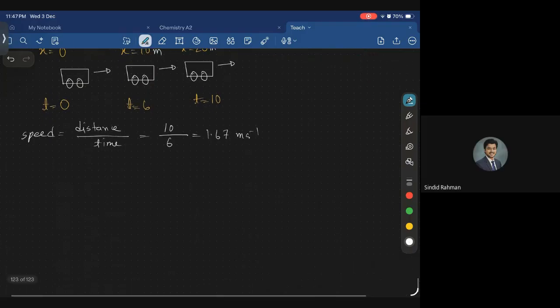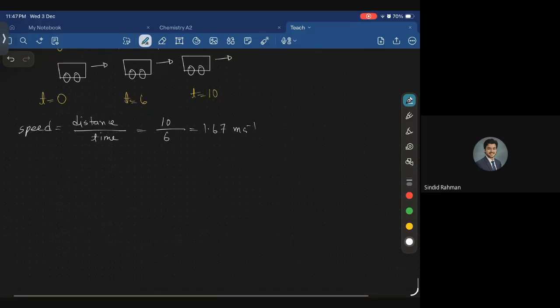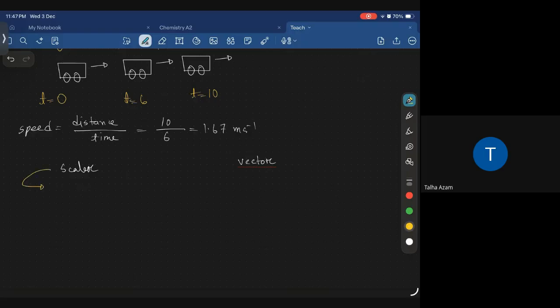Now let's say we have scalar and vector quantities, right? What is a scalar and what is a vector quantity? A scalar has only one value, while a vector has two.